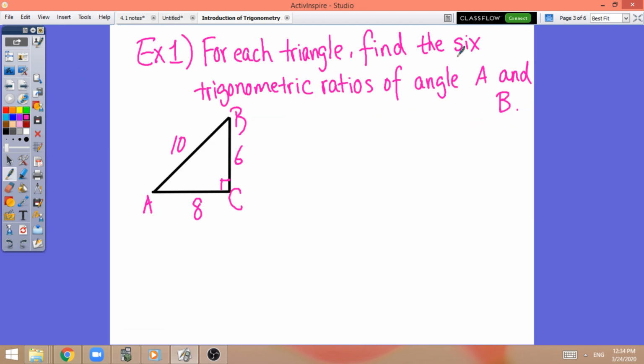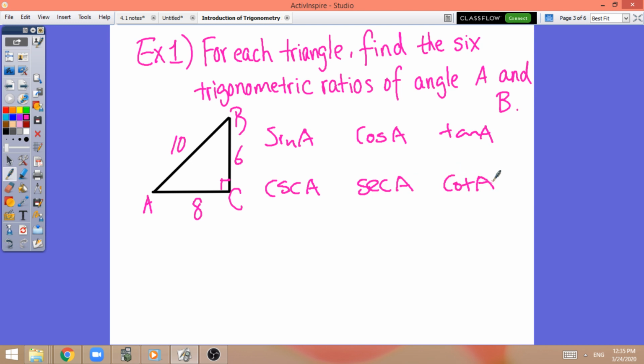So now let's do some practice. For each triangle, find the 6 trigonometric ratios of angle A and angle B. That means we need to find sine A, cosine A, tangent A, and then cosecant A, secant A, and then cotangent A. First thing you need to identify: A is the base angle, so let's just shade this.